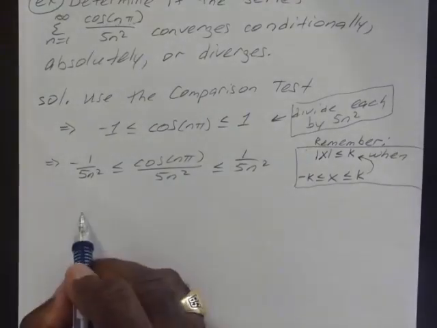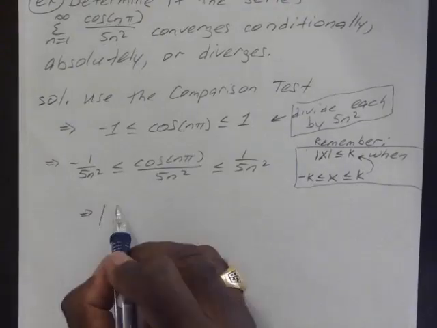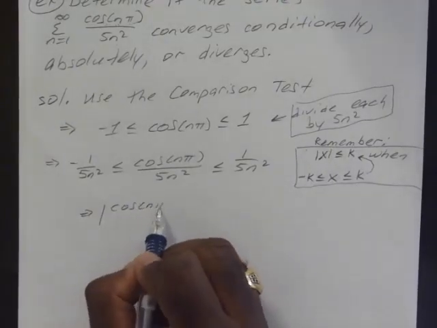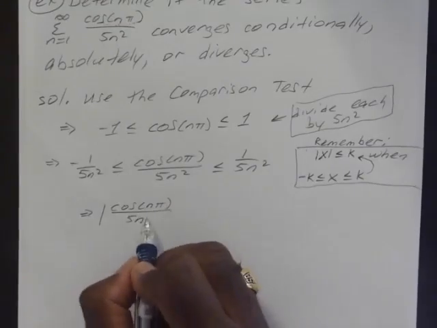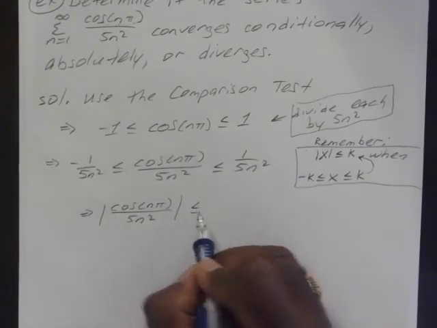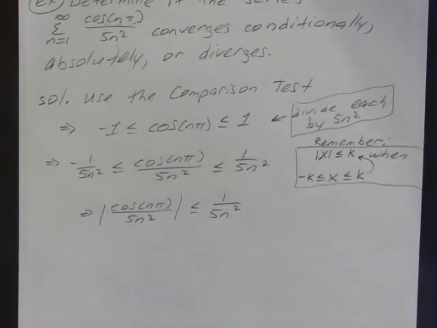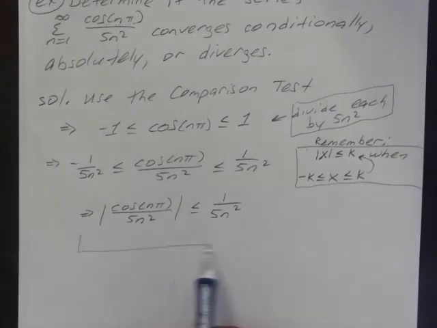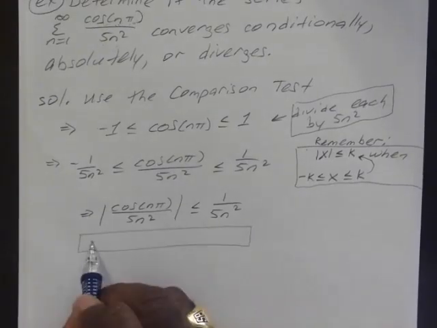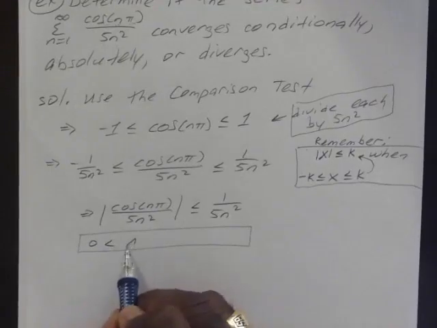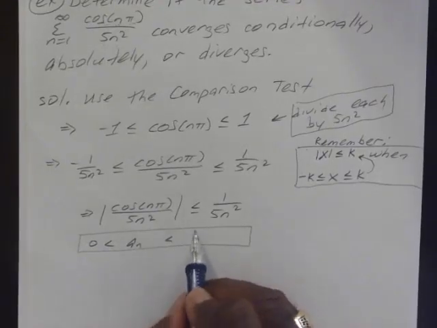So this is just equal to the absolute value of cosine of n times pi divided by 5n squared is less than or equal to 1 over 5n squared. Okay, so remember this is 0 is less than a sub n is less than b sub n.